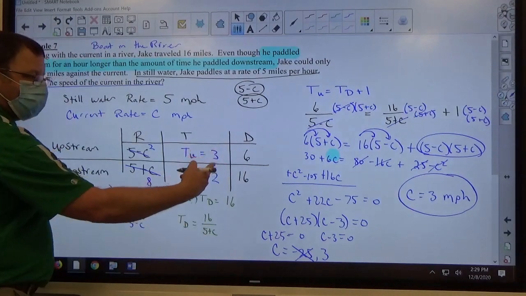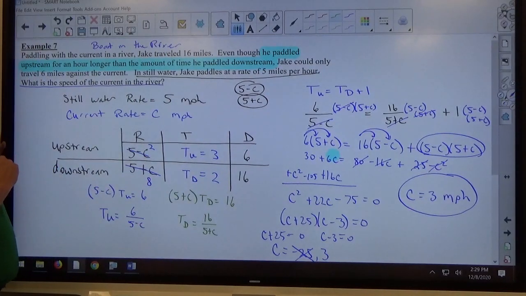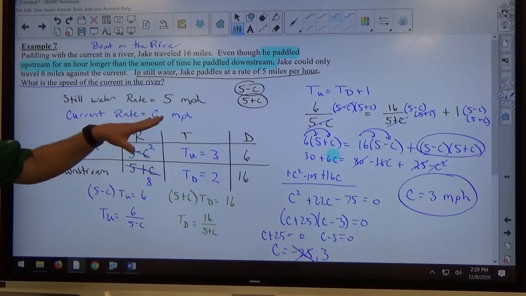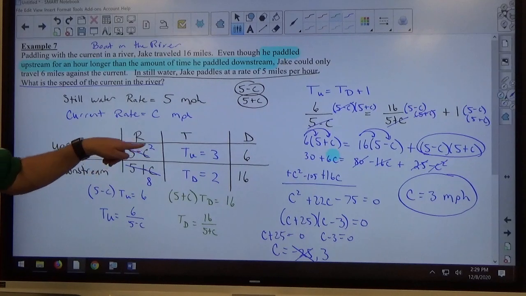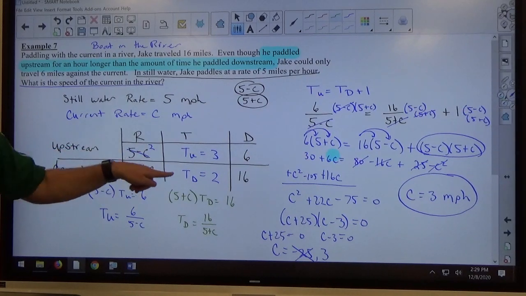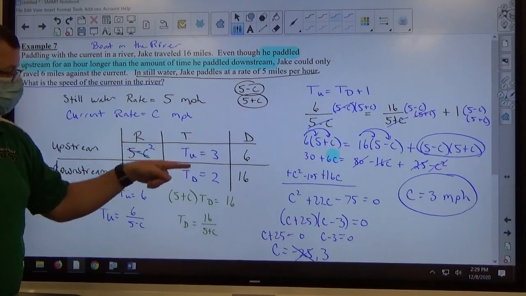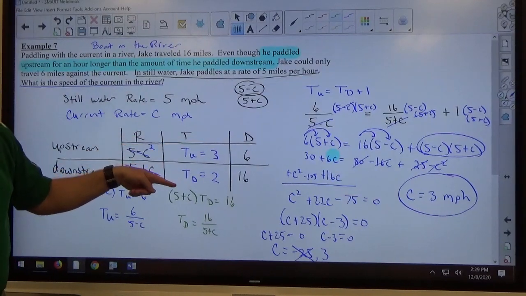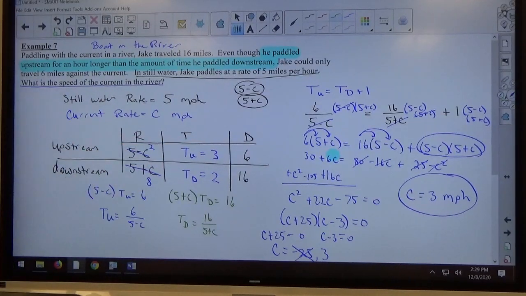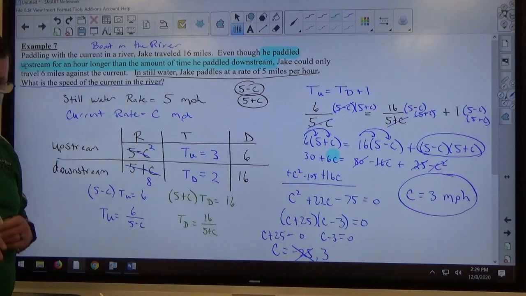And the upstream time is supposed to be one more than the downstream time, right? So the answer of 3 makes everything happen as it should with that chart. 5 minus 3 makes 2, 5 plus 3 makes 8, 8 times 2 makes 16, 2 times 3 makes 6. Upstream time is one more than downstream time. Everything happens as it's supposed to with those numbers. So it's a quick check that you can do to verify.